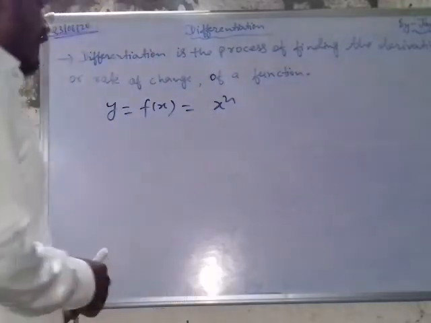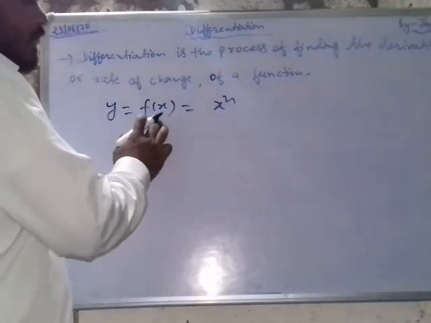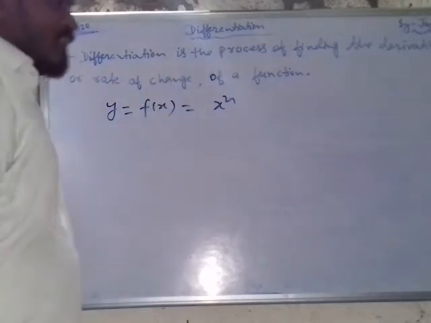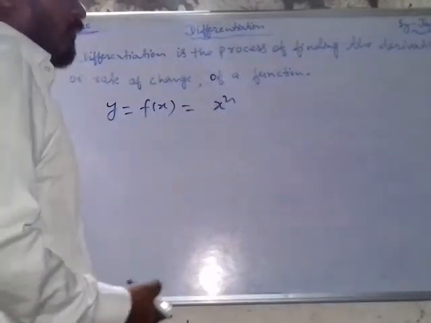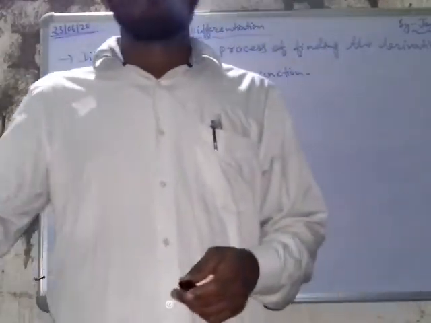If we choose a function y is equal to f(x), meaning y is a function of x, then we may write it as x to the power n.